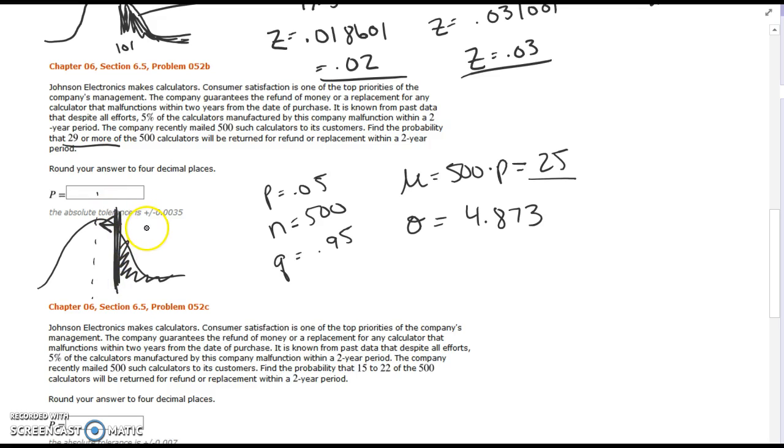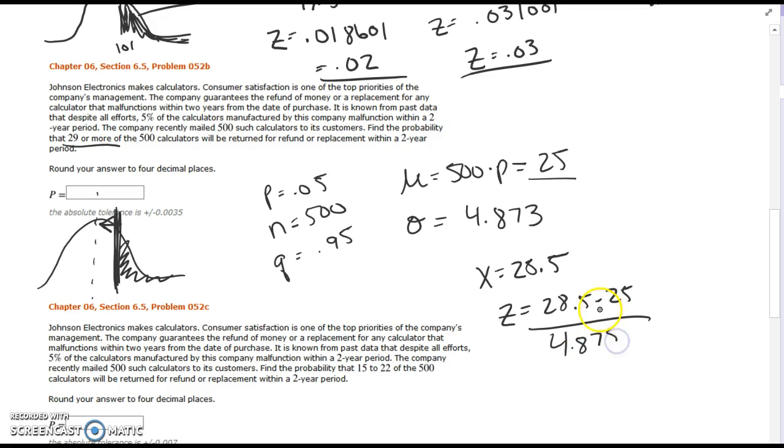So x is 28.5. z would then be 28.5 minus 25 over 4.873, which would give us 0.72.